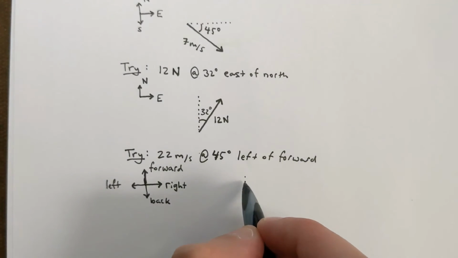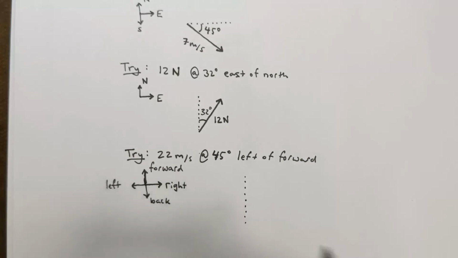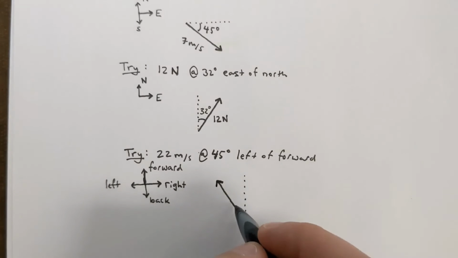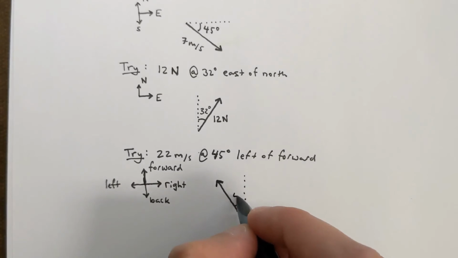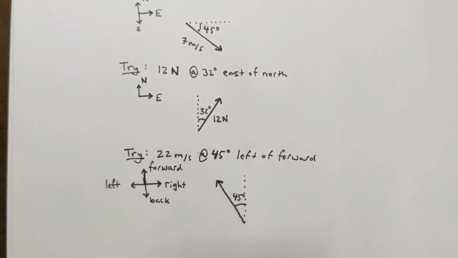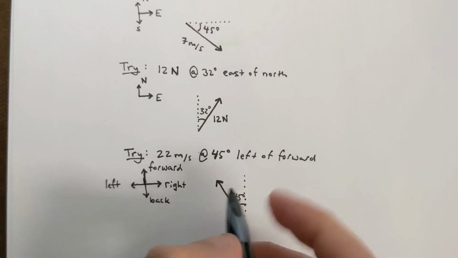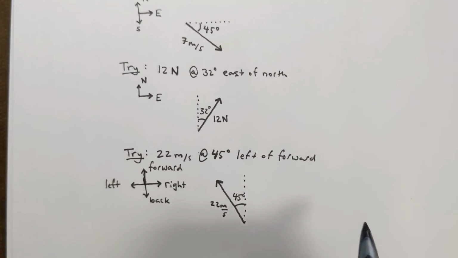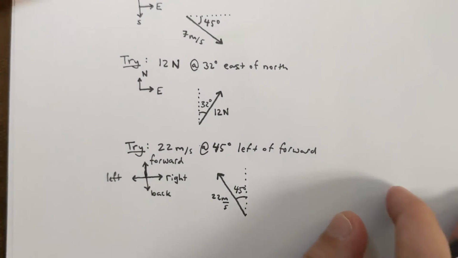So our forward direction is along this line, and then left of forward will be measured in this direction. So something like this. And then 22 meters per second is our magnitude, so 22 meters per second at 45 degrees left of forward. Okay, let's try one last one.